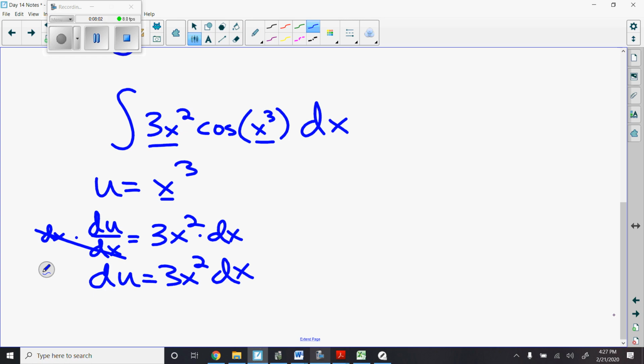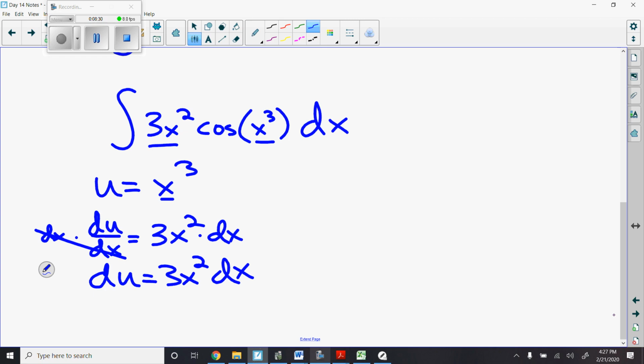I'm going to substitute into this difficult looking integral that's in terms of x, and change it to an easier integral that's in terms of u. So that's the substitution I'm going to do here. When I rewrite this integral, I'm now going to write an integral entirely about u, and I actually start with my du.